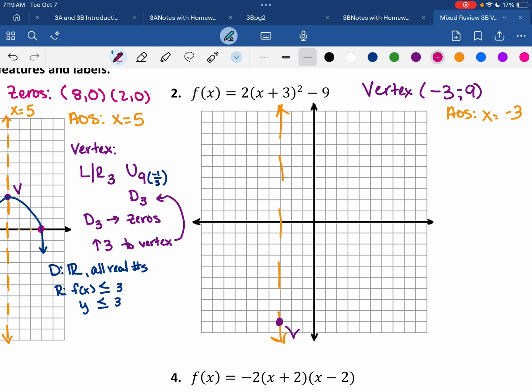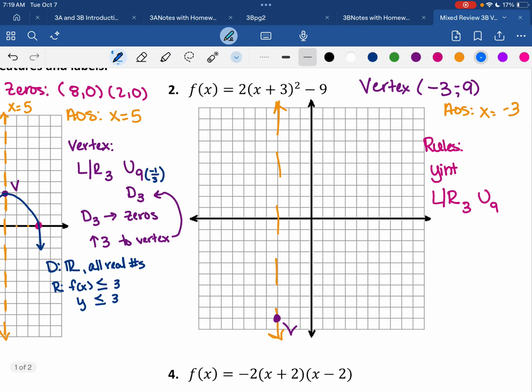By the rules, to find my y-intercept, I went left or right 3 because I need to also get the movement of my mirrored point. And I'm going to go up, square that number 3, which is 9, and then my a value is 2, so I'm going to take that times 2. So really, I'm going to end up going up 18.